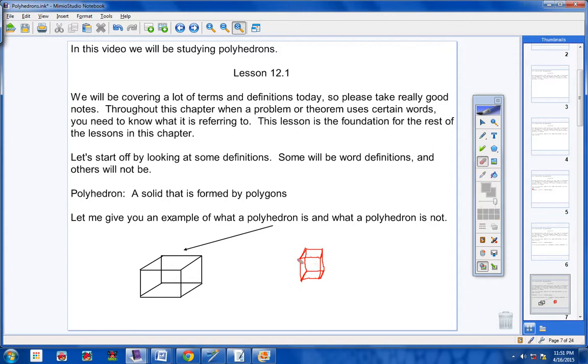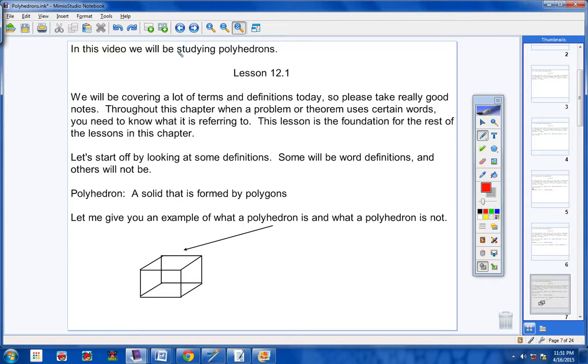So, guys, if every face or if every side of the solid is a polygon, and of course, what is a polygon? Well, guys, you should know what a polygon is. There are convex and concave polygons. We've learned that, okay? This would be a polygon. Anything that has these sides like this, that's a polygon, okay? So, a solid that is made up of polygons is a polyhedron.